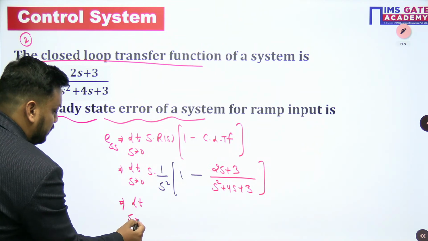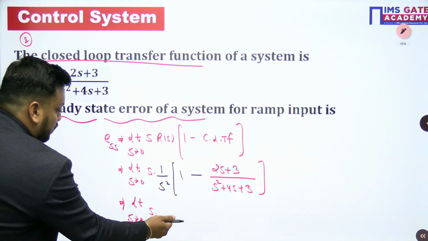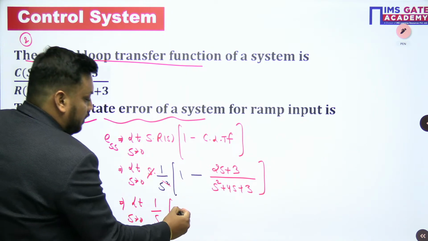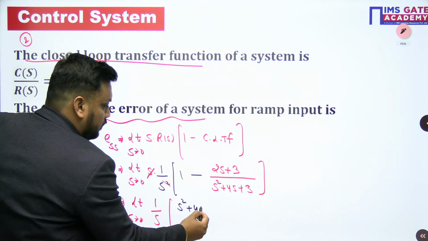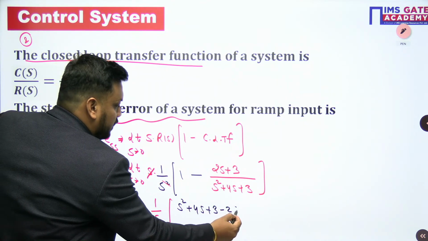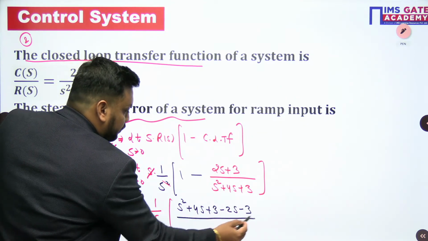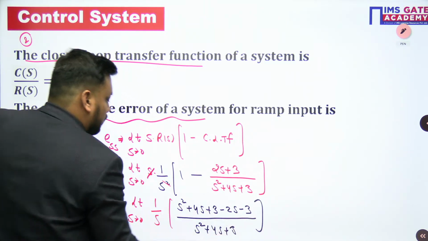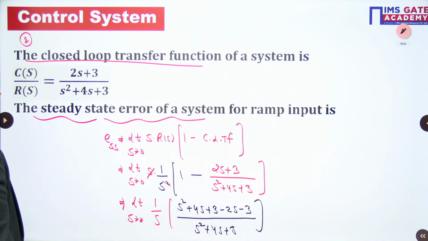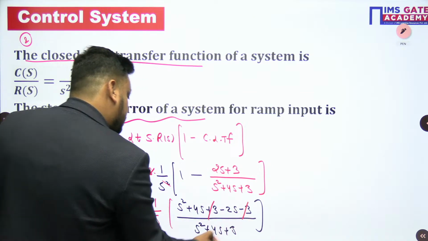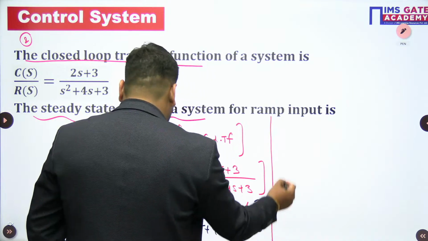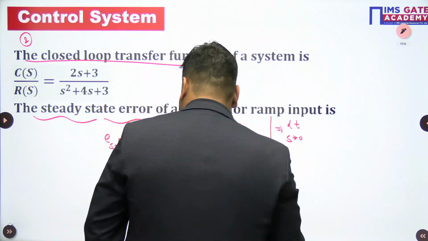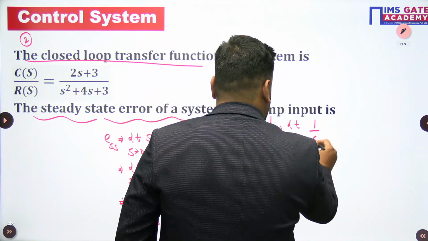So students, what will you get here? You will get limit s tends to 0, s dot 1 upon s square, so 1 s and 1 s cancel out, leaving 1 by s. And when you take the LCM here, you get (s square plus 4s plus 3 minus 2s minus 3) upon (s square plus 4s plus 3). Now apply this: 3 and 3 get cancelled. So the ultimate term will be limit s tends to 0, 1 by s is outside only.